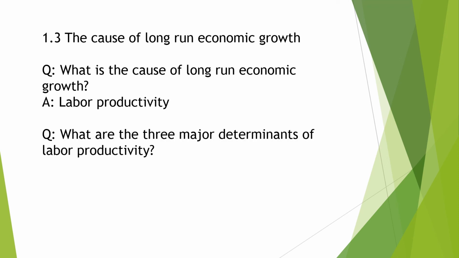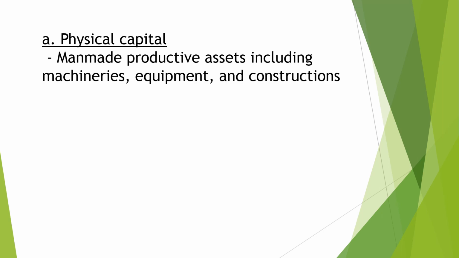We found that there are three major determinants of labor productivity. Let's see what they are. The first one is physical capital. It is a man-made productive asset, including machinery, equipment, and constructions.